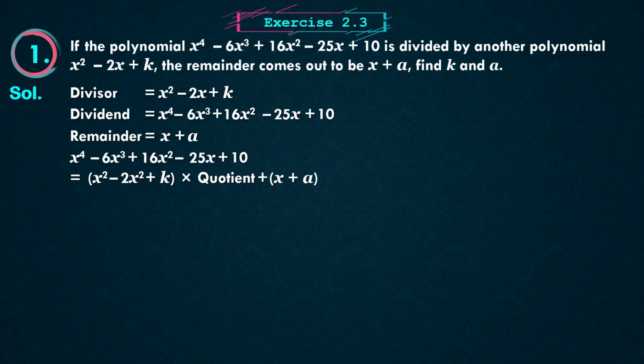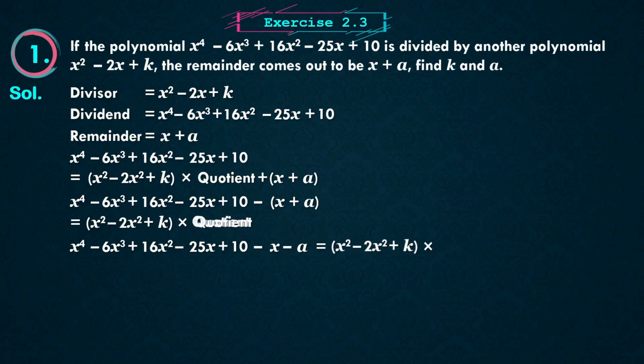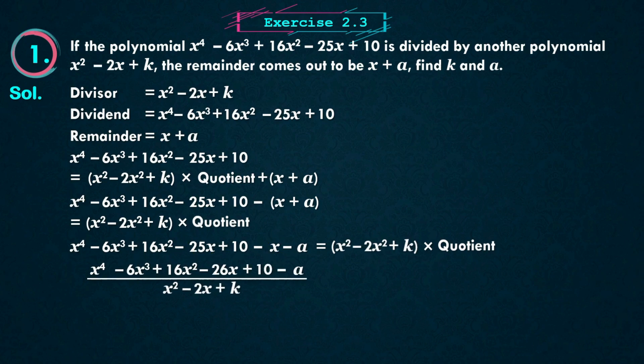Now subtract the remainder x + a from the given polynomial. This gives the expression x^4 - 6x^3 + 16x^2 - 26x + 10 - a. This expression must be exactly divisible by the divisor x^2 - 2x + k. In the next step, we will use this condition to determine the values of k and a.